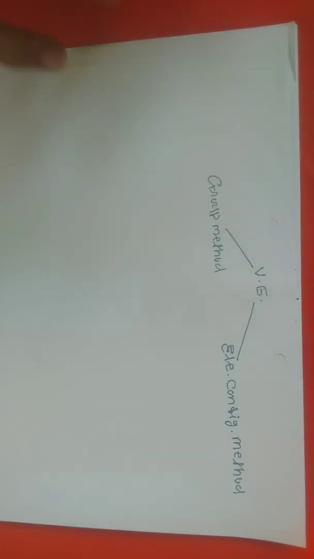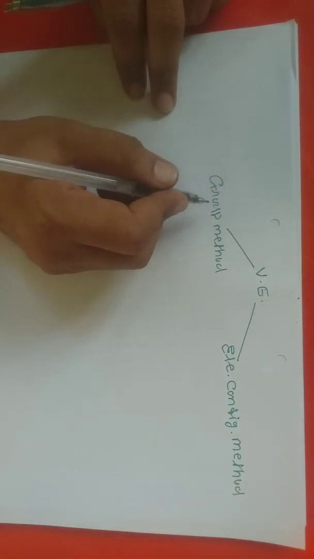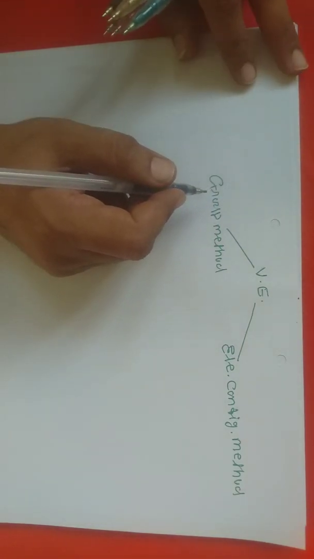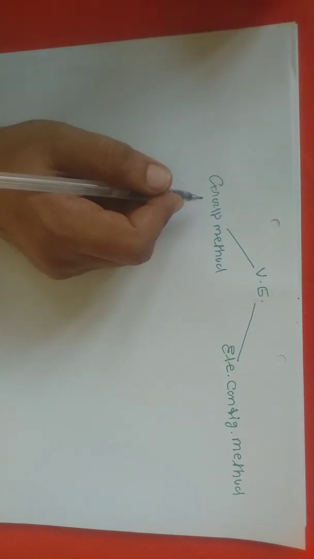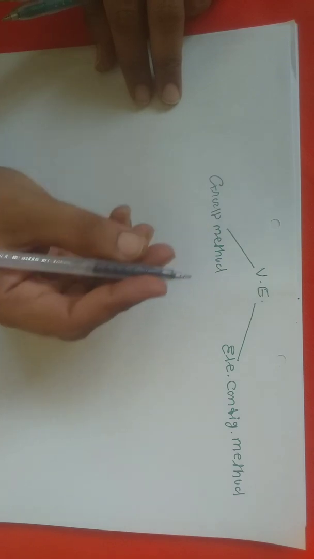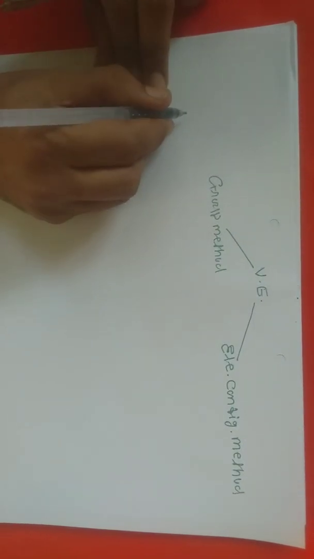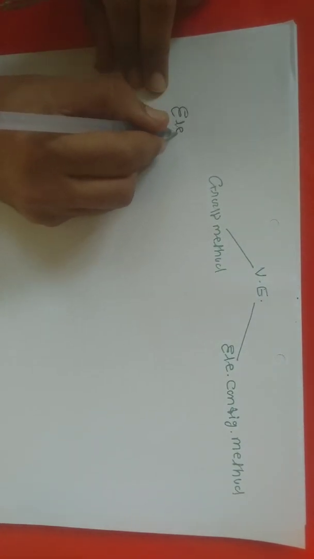In the group method, if we know the group number of an element, we can very easily say how many electrons are there in that element.